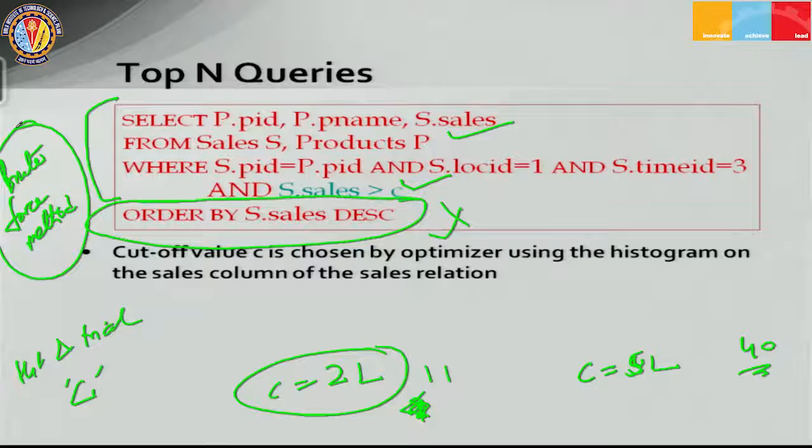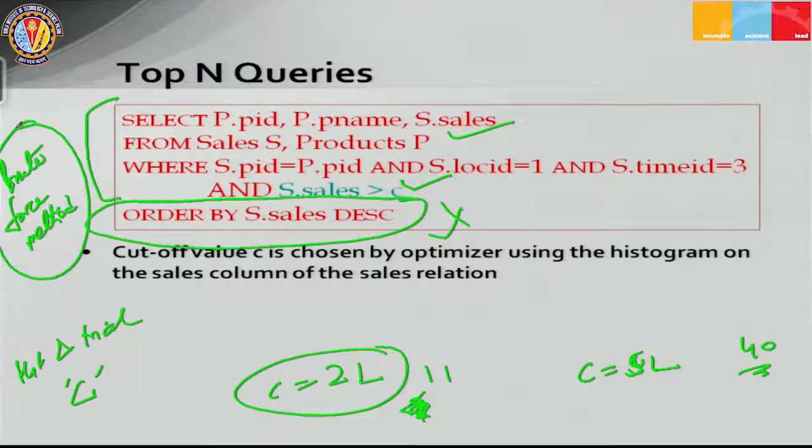The cutoff value C is chosen by the optimizer using the histogram on the sales column of the sales relation. You know that in the metadata part, we maintain histograms of some values in the tables, right? The only problem with these values is that they are not updated with every change in the sales table, so they are kind of out of sync with the current tables.